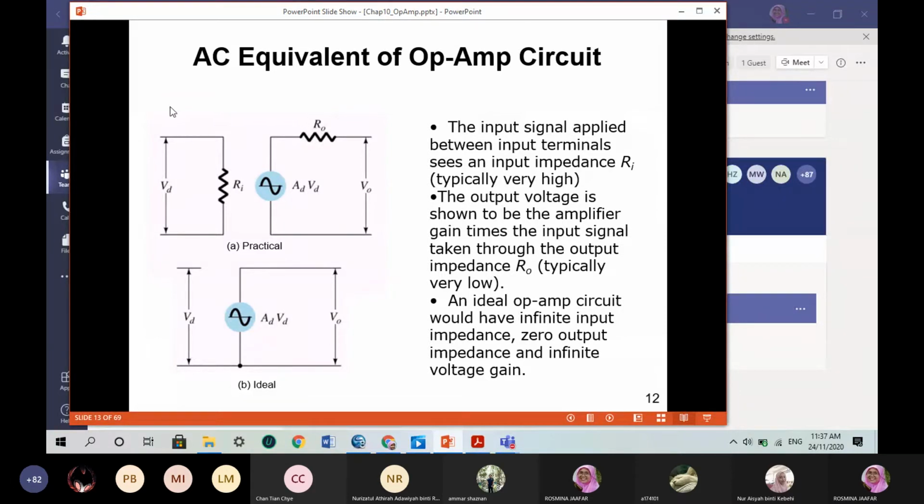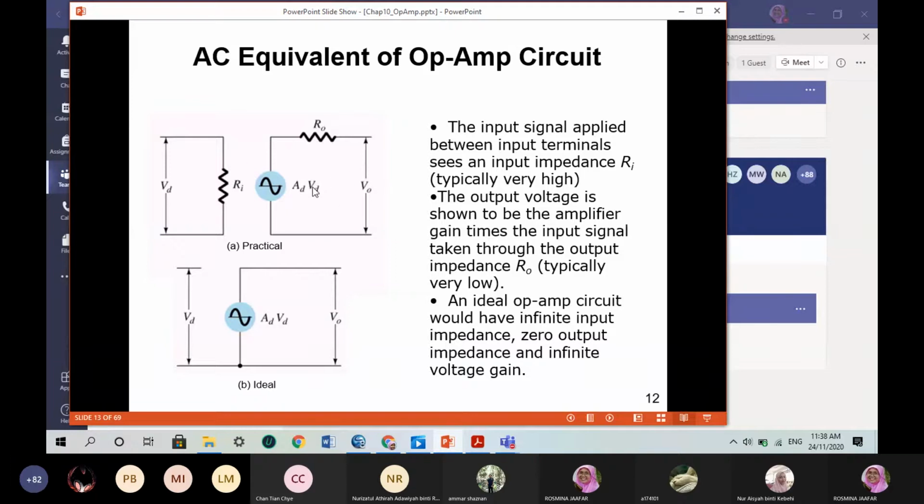For example here, you can convert the differential gain at the input Vd, so you will expect there will be V1 and V2 at the input terminals, and Ri will be the internal resistance of the op-amp.